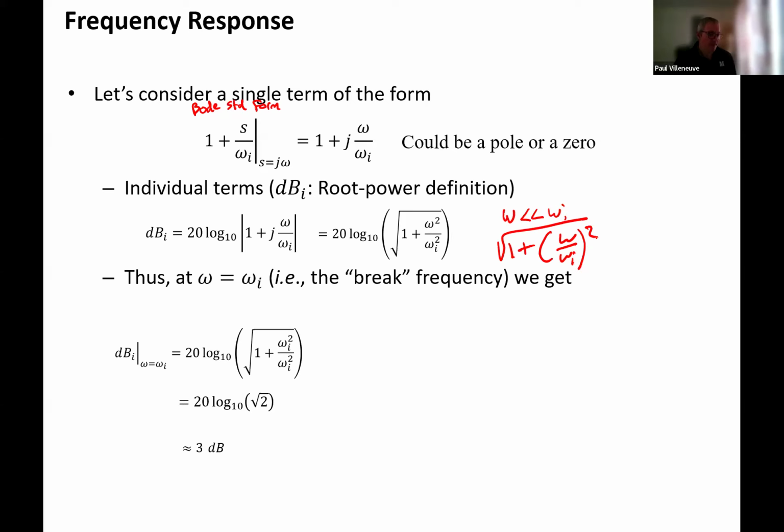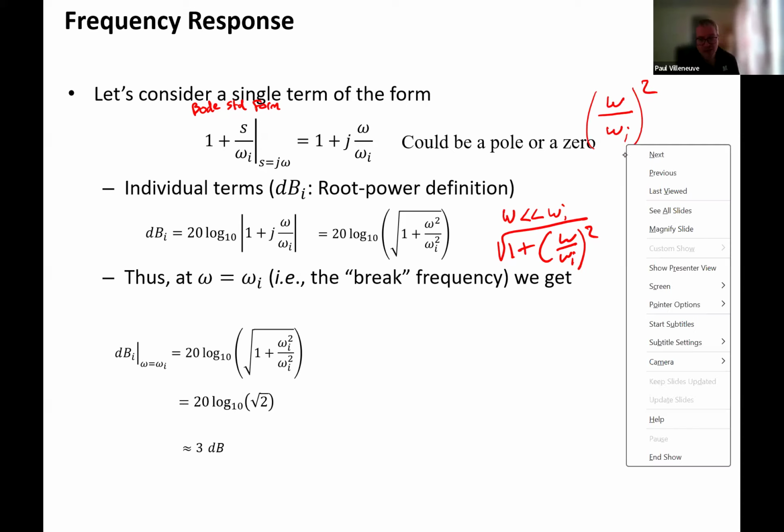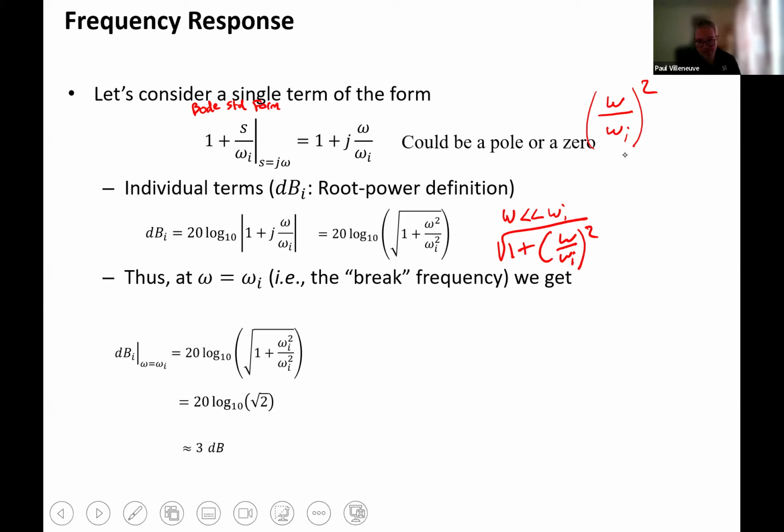What happens when omega is much, much less than omega sub i? What happens to the omega over omega sub i term squared? Remember, omega sub i is a fixed number, any specific frequency, whereas omega is varying the frequency. So what happens when omega is much, much less than omega sub i? What do you get?